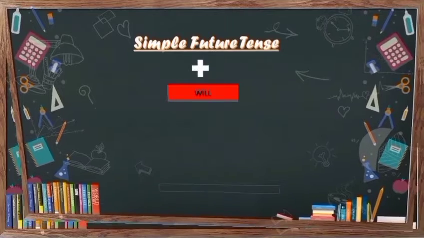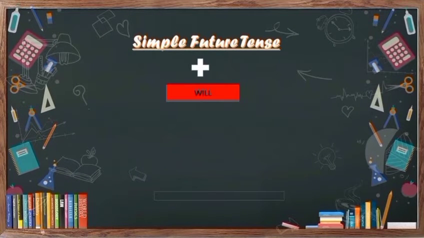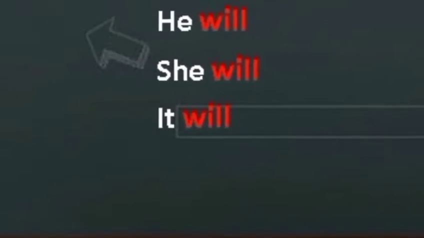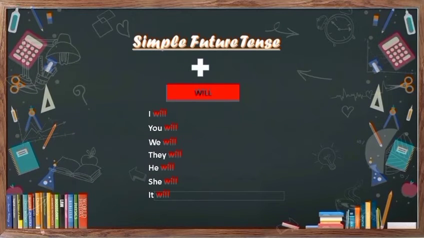Okay, next, let's see how the abbreviation of will forms. I will, you will, we will, they will, he will, she will, it will. It will is used for things or animals. For the abbreviation, we can use I'll, you'll, we'll, they'll, he'll, she'll, it'll.